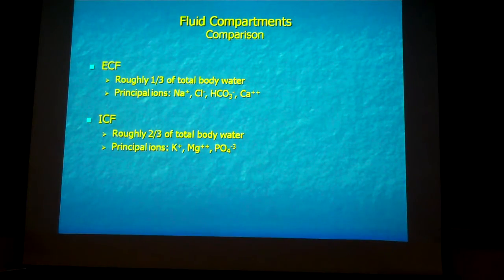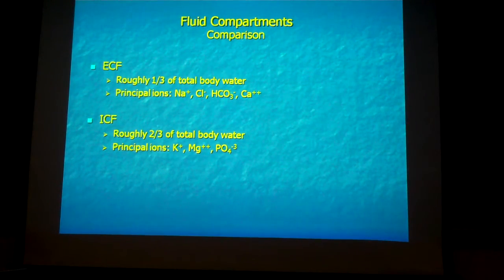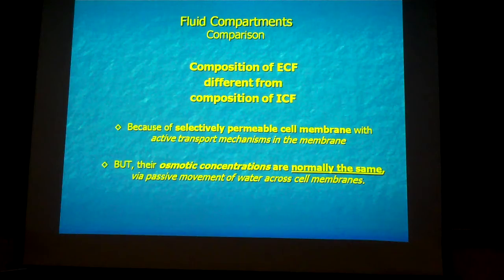That's not to say that there's not some of both groups in the other compartments, because there is. But the principal ions for those two compartments are those. Now, here is a principle.